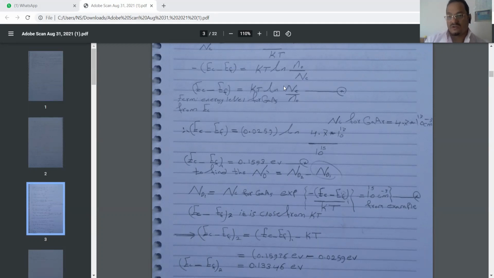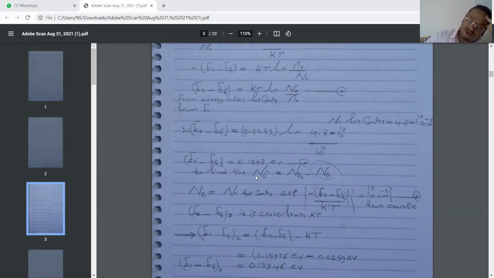NC is something like a constant at room temperature. N naught equals ND, the concentration of donors at the conduction band, because we're dealing with n-type doping. If we were dealing with p-type doping, all of these would change. Let's complete. Here EC minus EF equals 0.1593 electron volt.